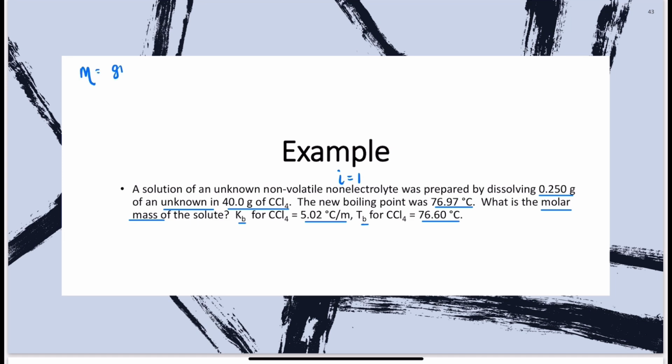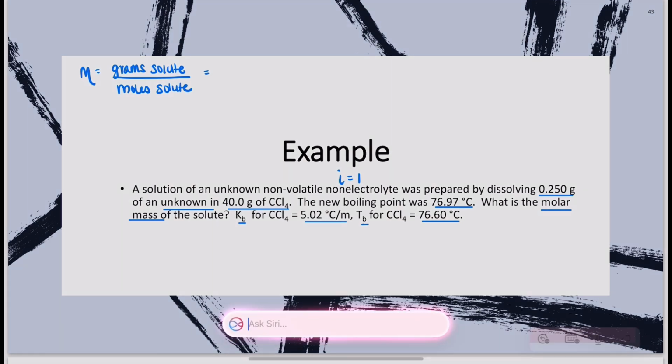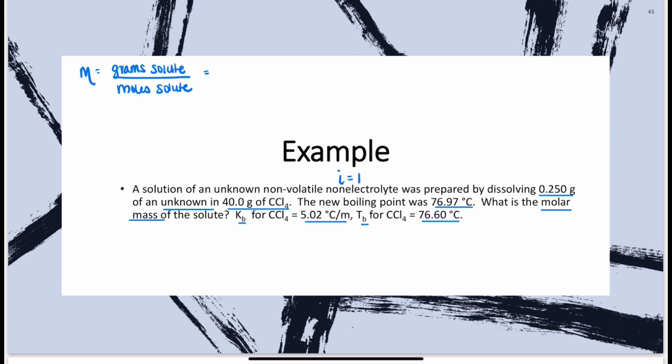And I know molar mass is grams of solute over moles of solute. Why of solute? Because that's what I'm looking for. It's grams over moles of whatever species I'm looking for. I know that the grams of solute used here was 0.250 grams of my unknown.